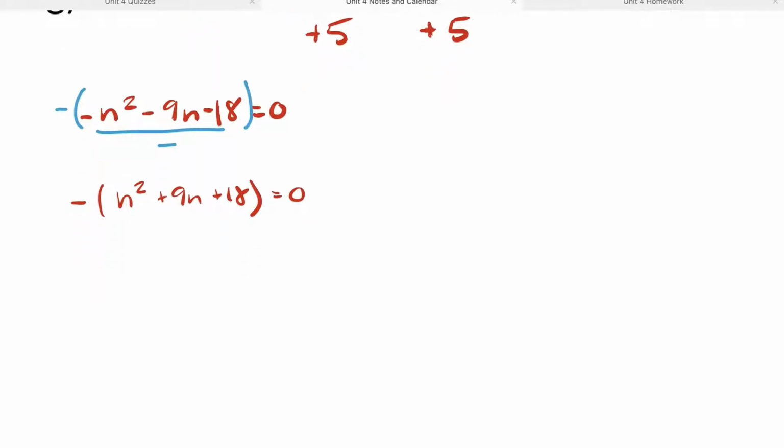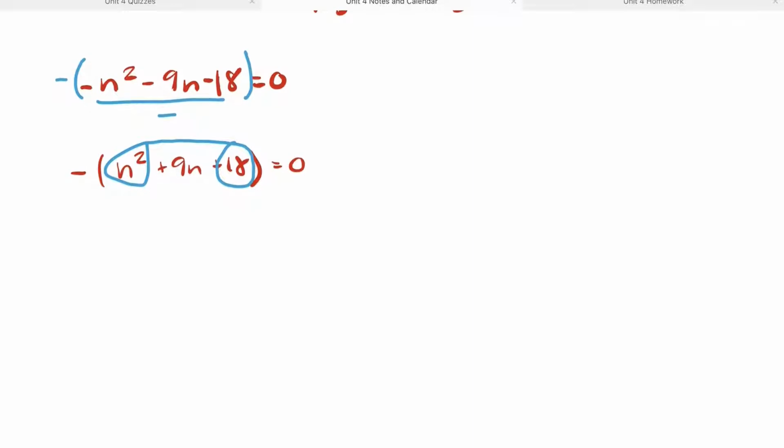And then we continue. Again, nothing's new here except at the very end where we need to solve. So here we'd have 18n squared, add up to give us a 9n. Those two things would be 3 and 6.